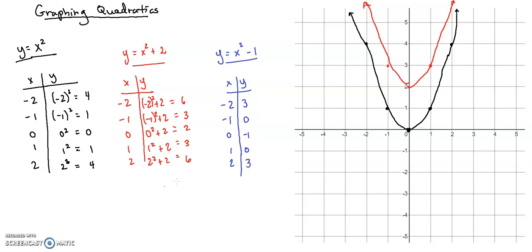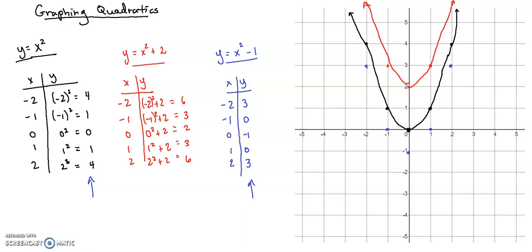Hopefully that's what you expected. Look at our original column and look at our new column. All of our x's stayed the same, but all of our y values went down by 1. So that should shift the whole graph down by 1.